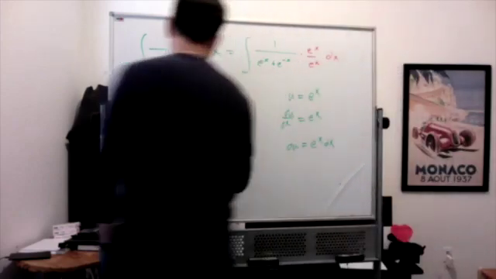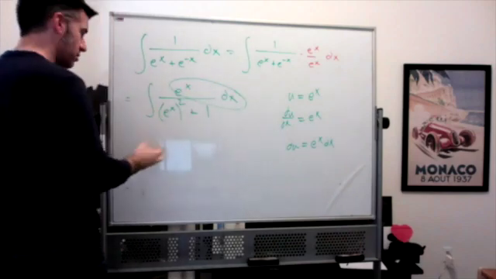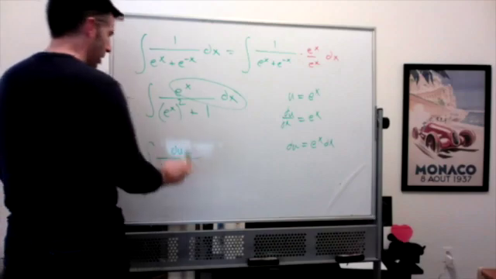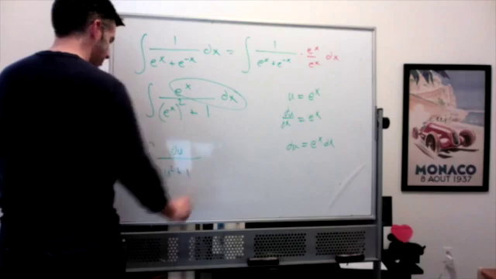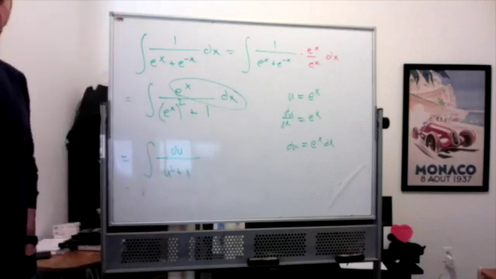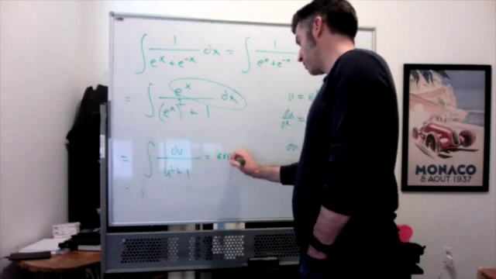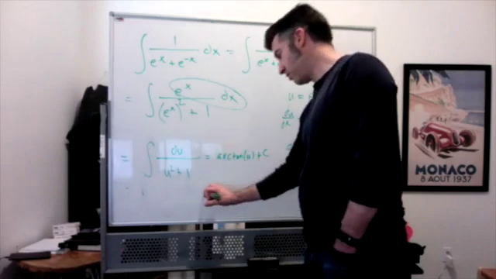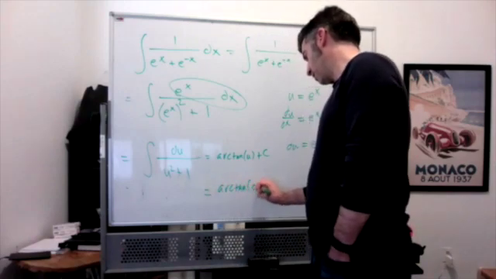If we start replacing things, there's your du, and there's our u squared plus 1. The antiderivative of 1 over u squared plus 1 is the arctangent of u. Then we plug back in and we get the arctangent of e to the x.